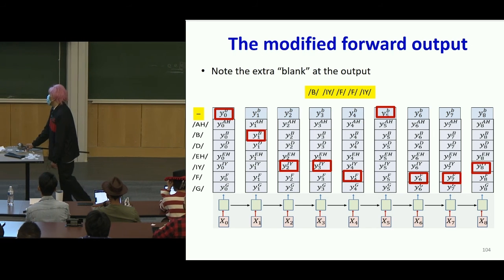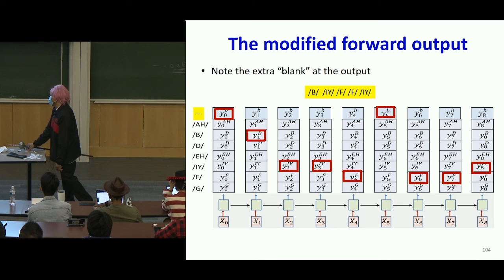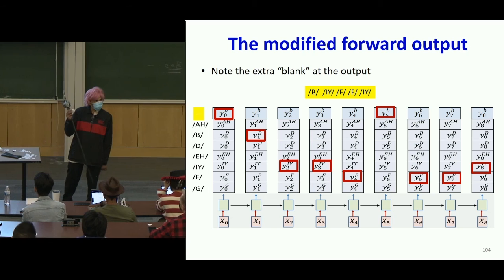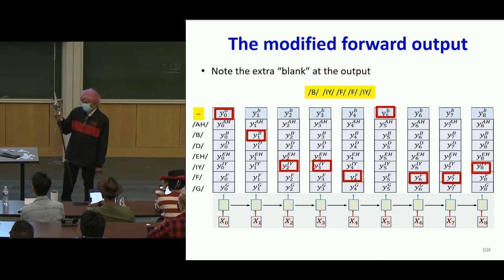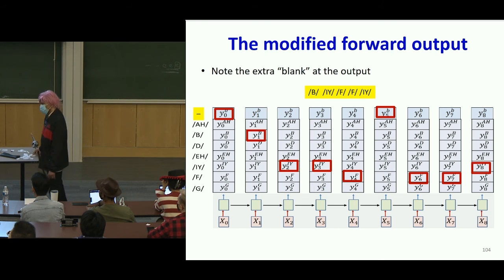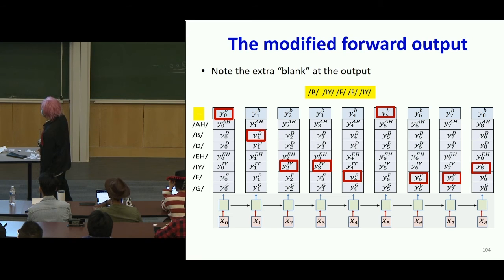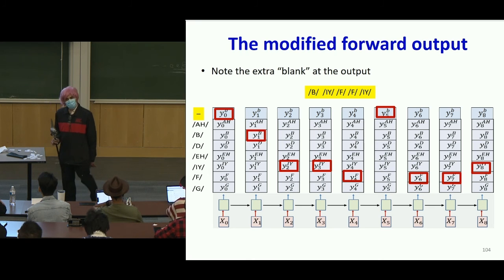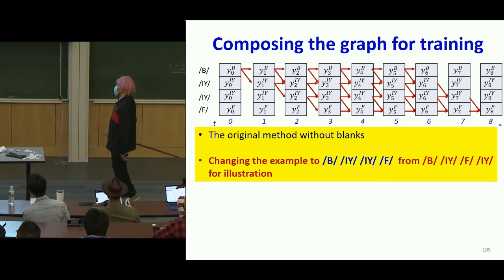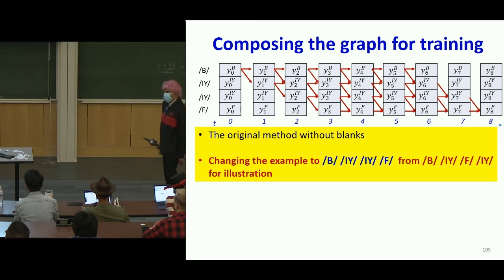Now, what about this one, number 3? How many F's? 2 F's, because there's a blank between the 2 F's. So you can see how this works, right?